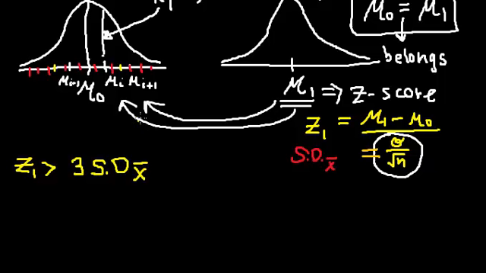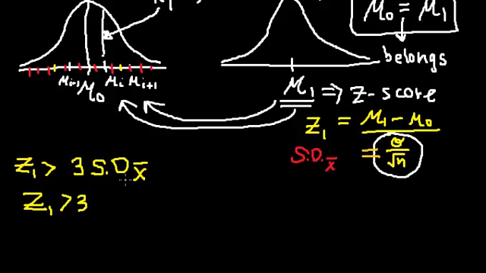What it means is, if z1 is more than 3 standard deviations, because remember, the z-score would tell us how many standard deviations away you are from the mean. So really the result of this would just be a number, and the number would be z1 is more than 3. But I'm just writing 3 standard deviations of the sampling means for us to really understand what the z-score represents.